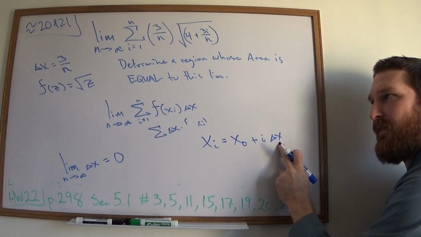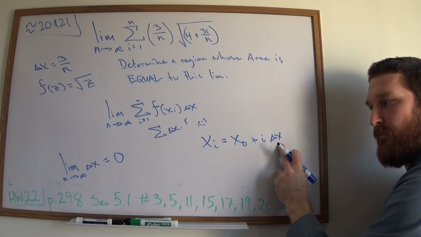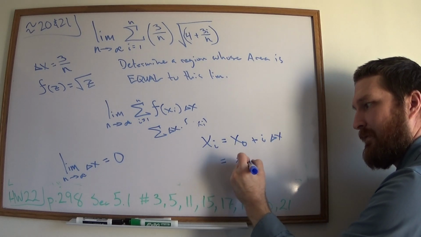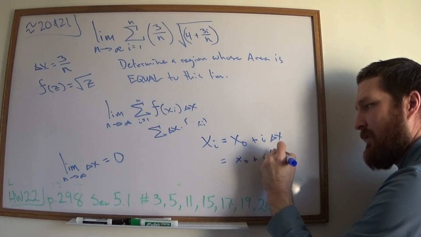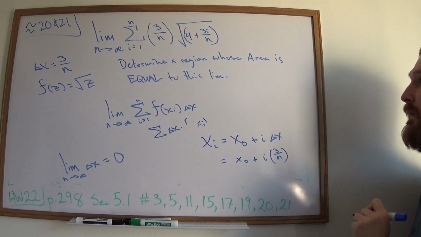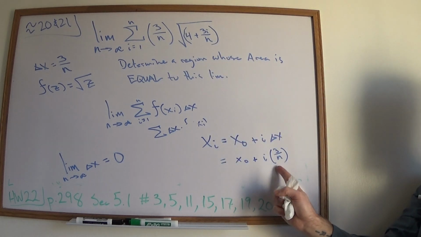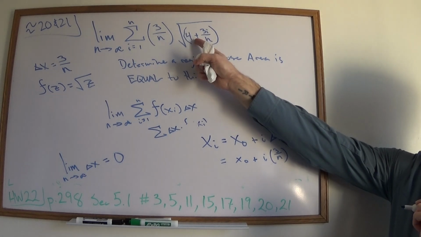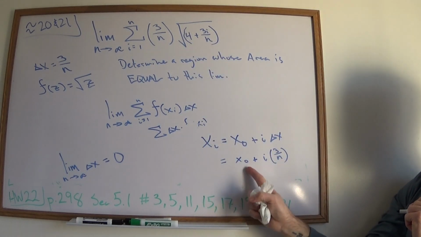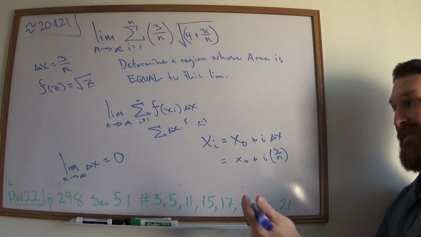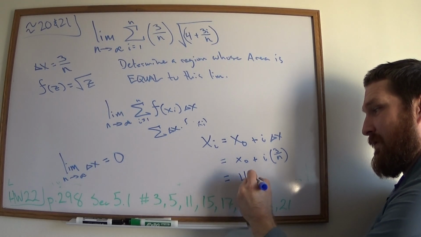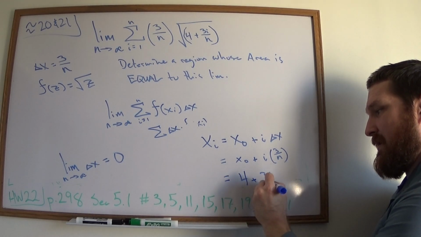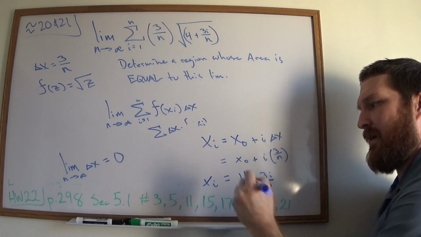And we've already identified that delta x was 3 over n, or it had better be 3 over n. So i times 3 over n. That's what we're seeing. And so it looks like my starting point would have to be 4. Yeah, 4 plus 3i over n is my xi.